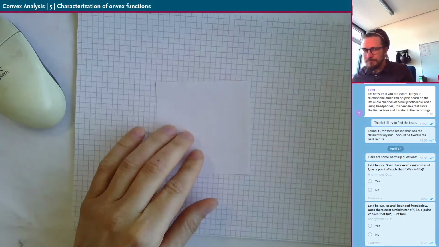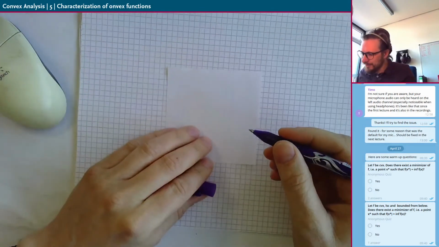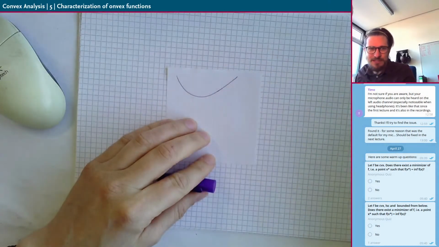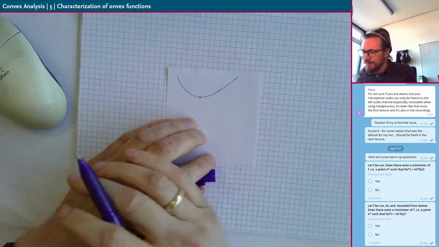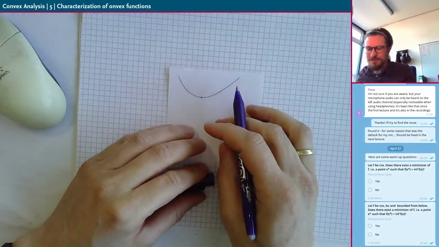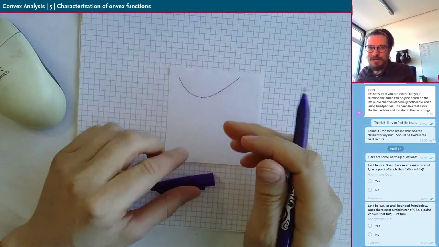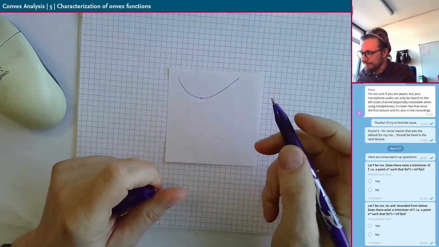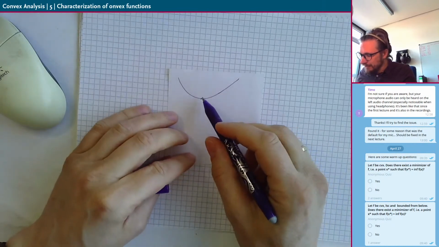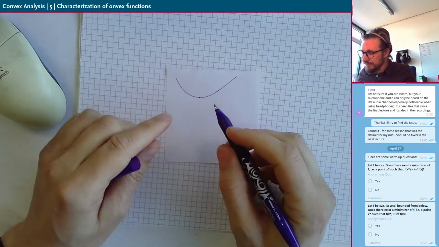If you have the mental picture that a convex function always looks like this, then it's pretty clear, well, yes, here there should be a minimum. But that's just one picture of a convex function. First, it's only one-dimensional, but many interesting things already happen in one dimension.